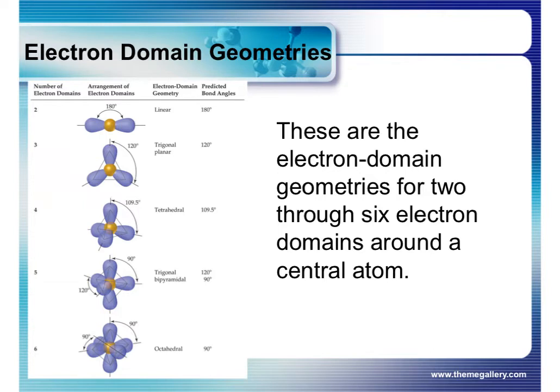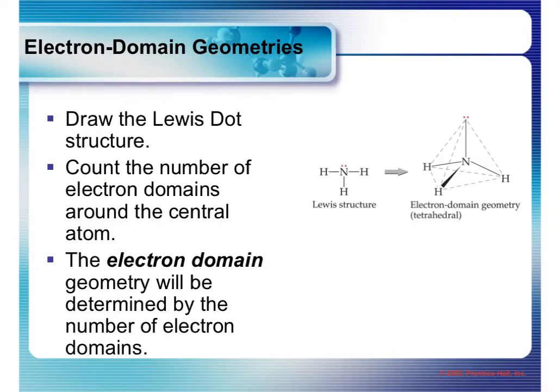But as you can see, if you imagine yellow is the central atom in each of these figures, the top image has 2 electron domains around the central atom, the next has 3, etc. And if you keep in mind that the electron domains try to get as far away from each other as possible, each of these shapes shows, depending on how many electron domains there are, the shape that the molecule would adopt to keep all of the electron domains as far away from each other as possible.